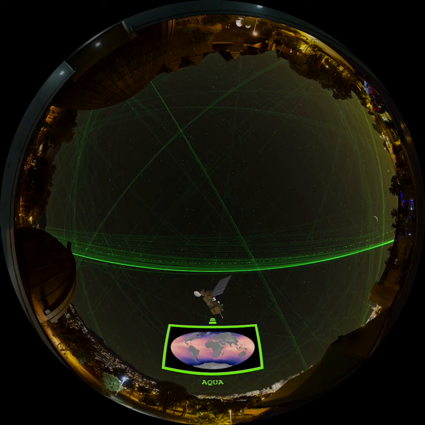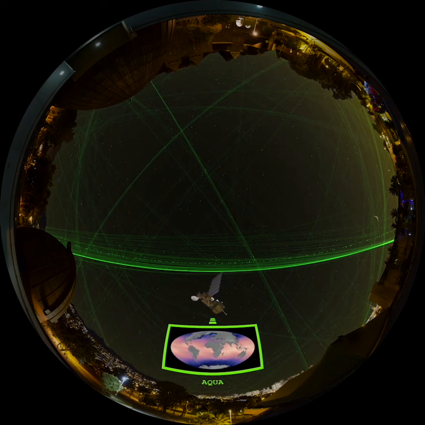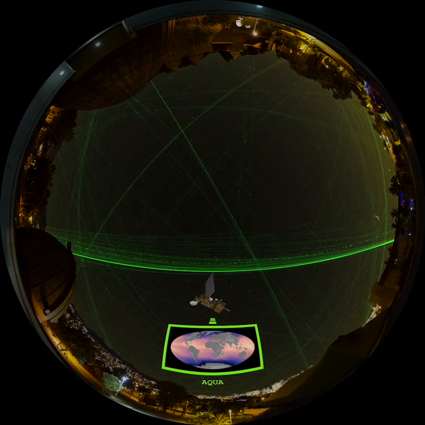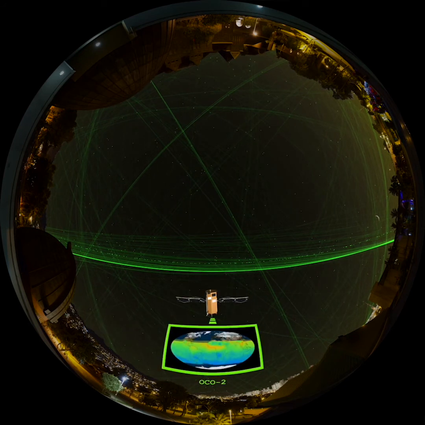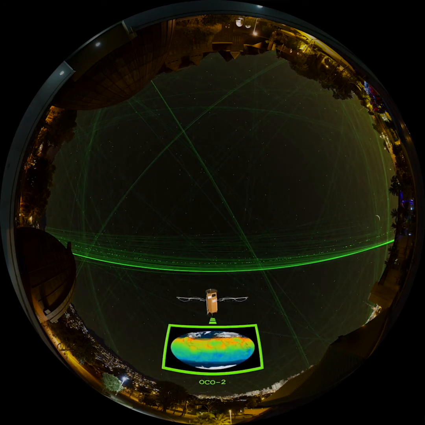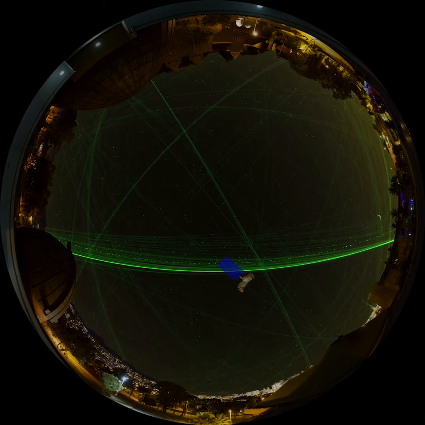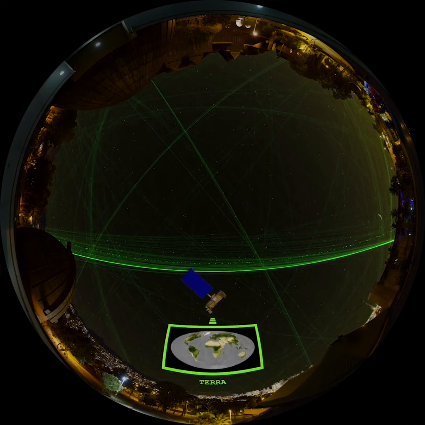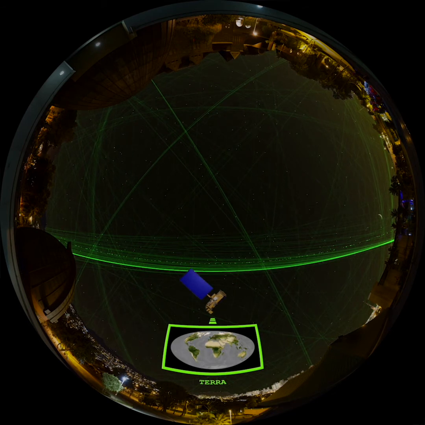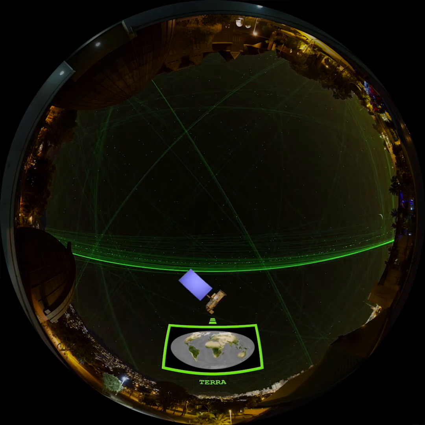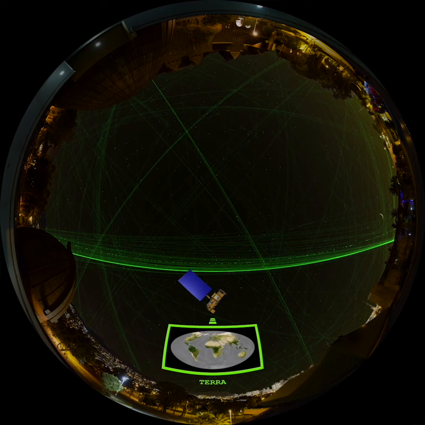Aqua tells us that the ocean temperatures are rising in the hydrosphere. The satellite OCO2 tells us that more heat-trapping carbon is being released into our atmosphere. From the satellite Terra, we can see that the patterns of plant growth in our biosphere are changing due to global warming.